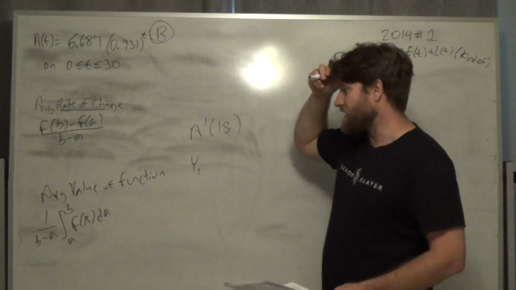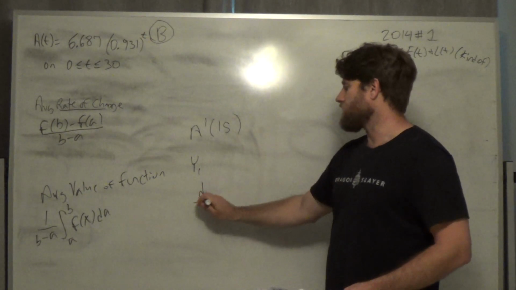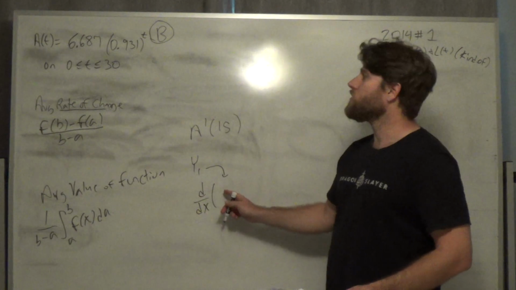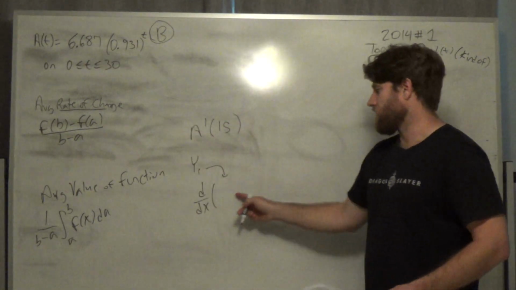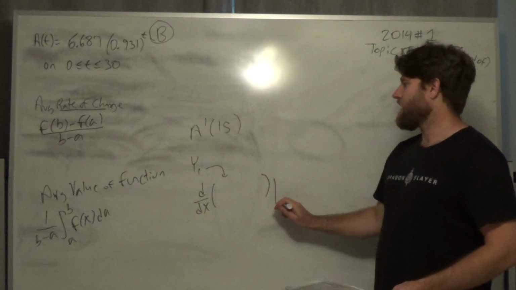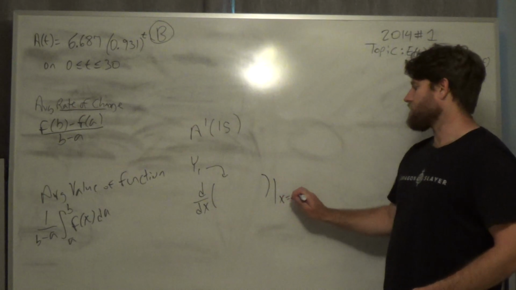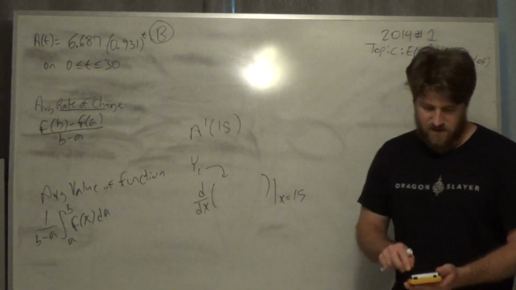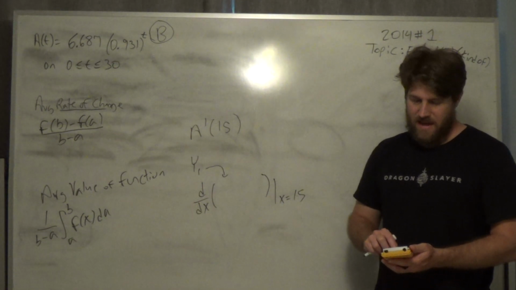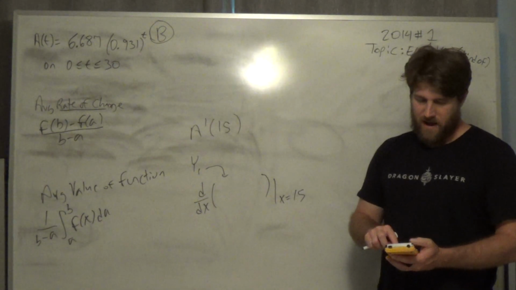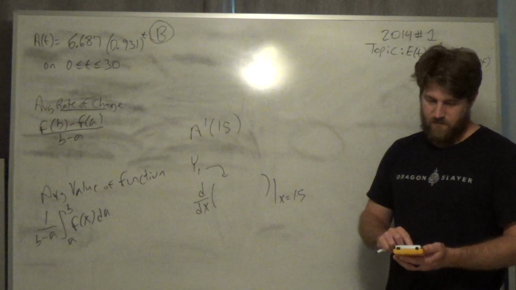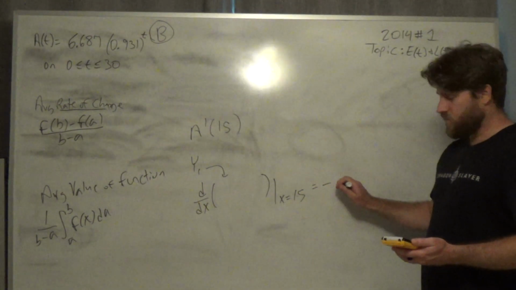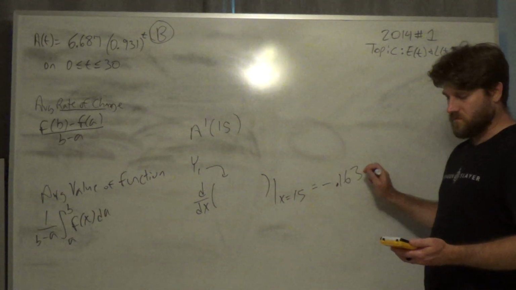I want to take the derivative of this, and then take that derivative at time equals 15. So again, I'm going to use hotkeys here to speed things up. Math 8. I'm going to use my hotkeys y1 at time 15, and I get negative 0.1635.